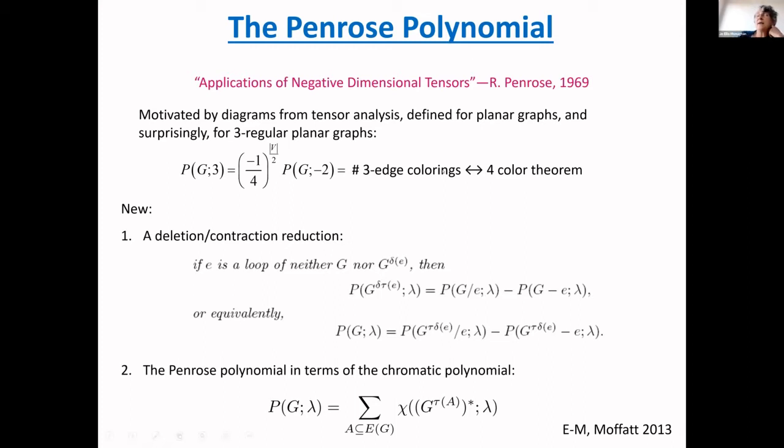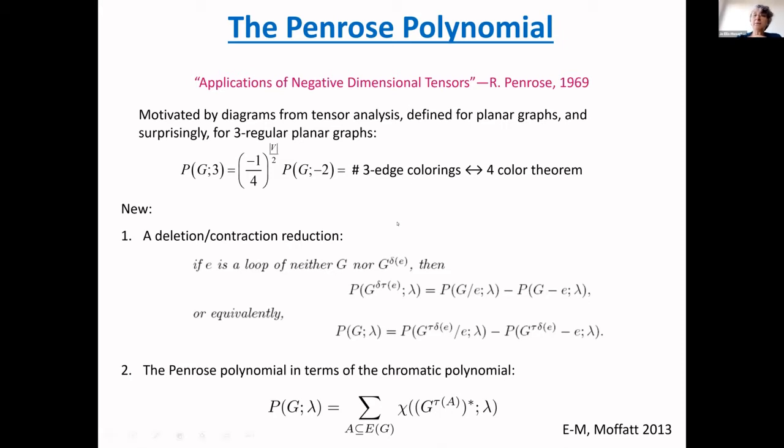And from that, there evolved something now called the Penrose polynomial, which was there defined just for planar graphs. And surprisingly, coming out of this physics setting, it turns out to also encode graph coloring in a very different way from the chromatic polynomial. There are a couple of evaluations that count three edge colorings, and three edge colorings in planar graphs correspond to the four-color theorem.